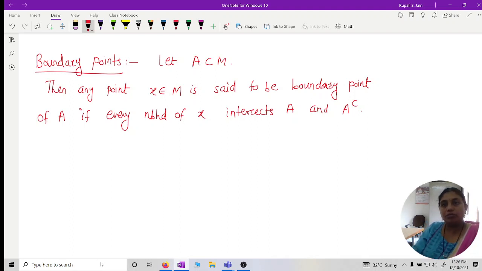Every neighborhood of X intersects A and A complement.